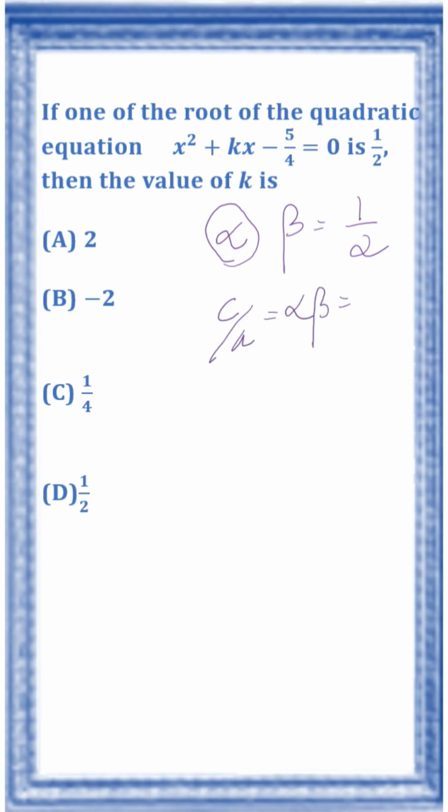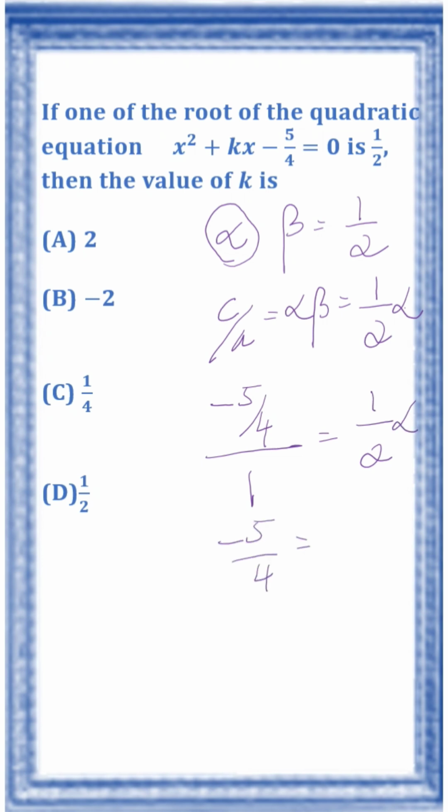C by a is negative of 5 by 4 by 1, that is equal to half alpha. Negative of 5 by 4 is equal to half alpha. 2 2s are... alpha is equal to negative of 5 by 2.